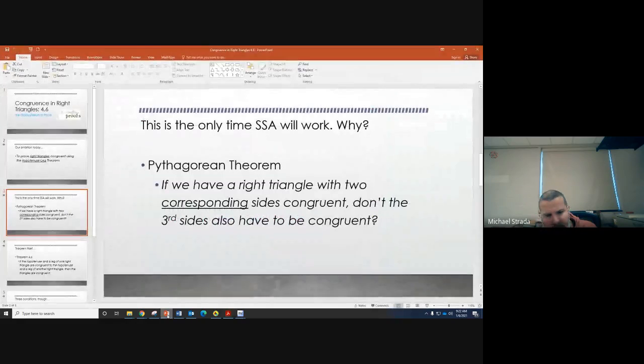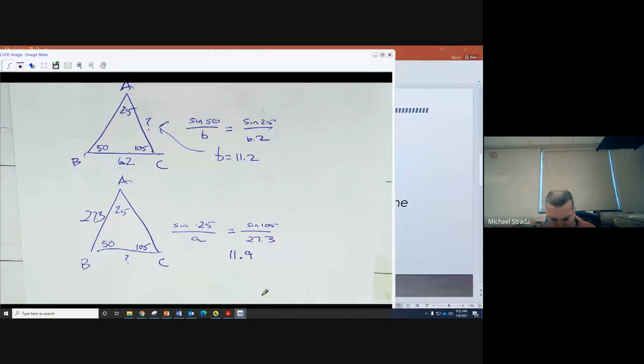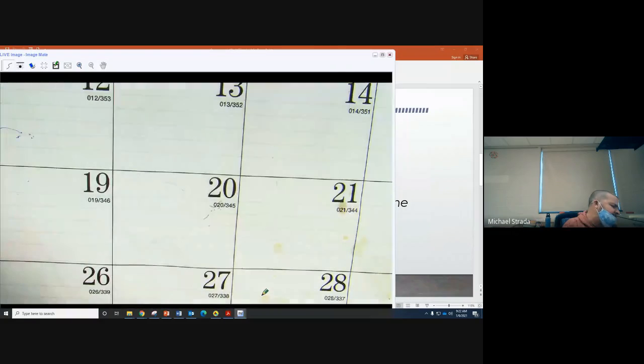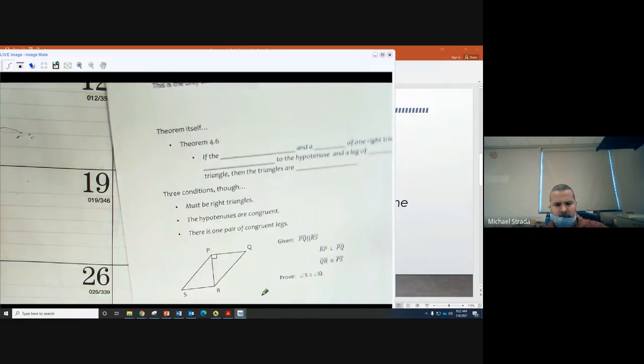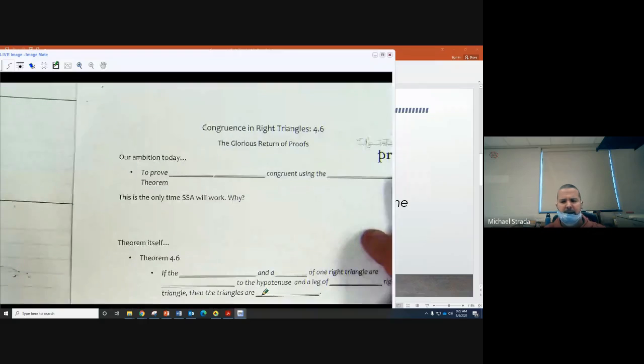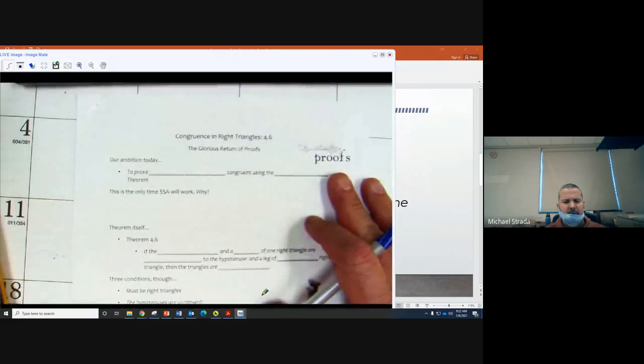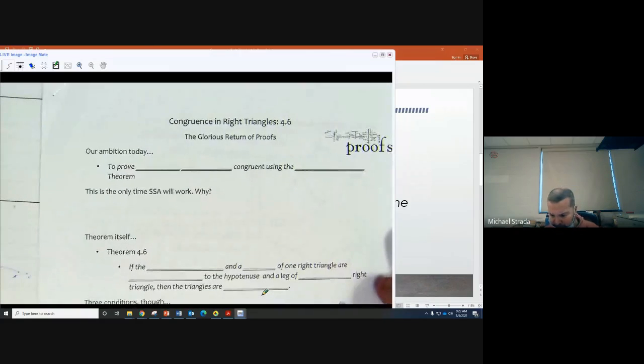All right. So now we're going to talk about congruence in right triangles. We're going back to section 4.6 in our textbooks, because this is going to make a lot more sense after we did Pythagorean theorem.